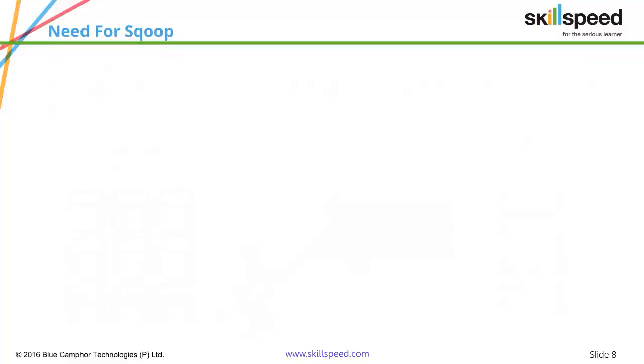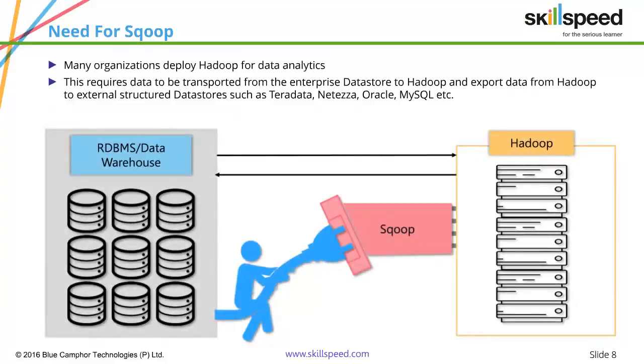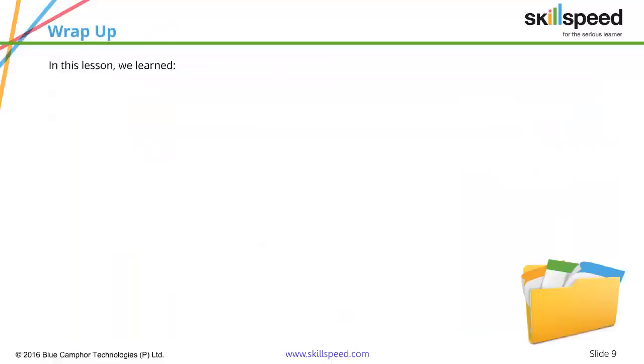Like we have discussed before, many organizations deploy Hadoop for analytics, but that really requires the structured data to be copied into Hadoop, and Sqoop does this task very efficiently.